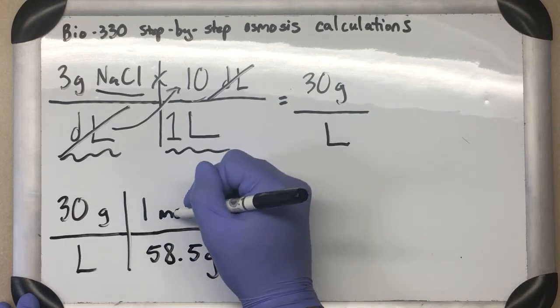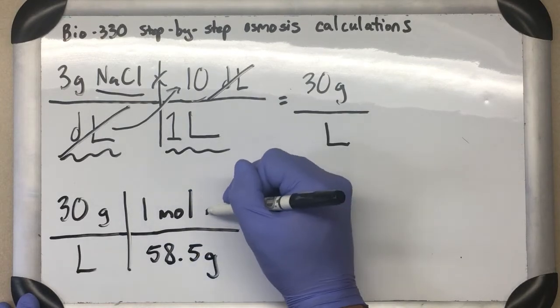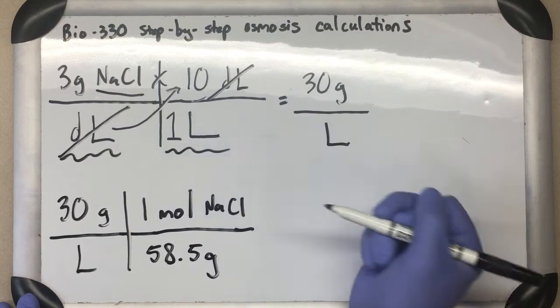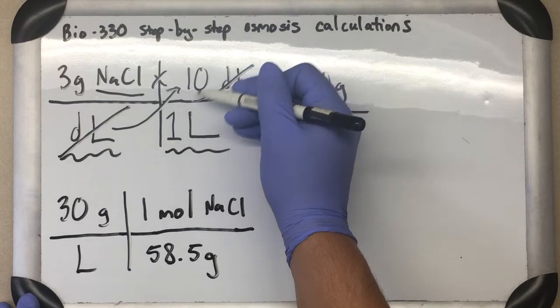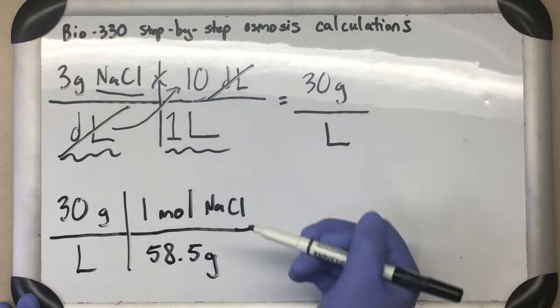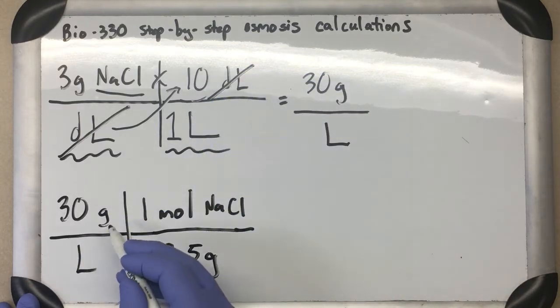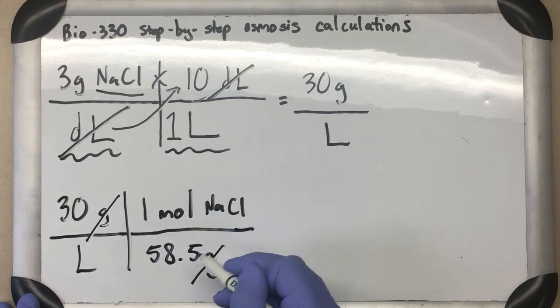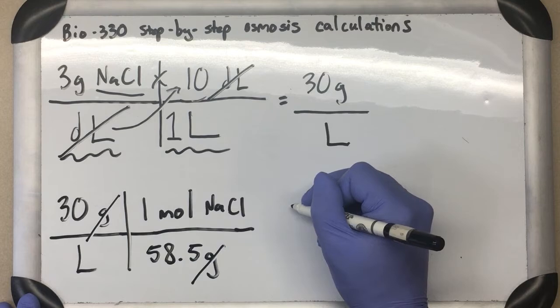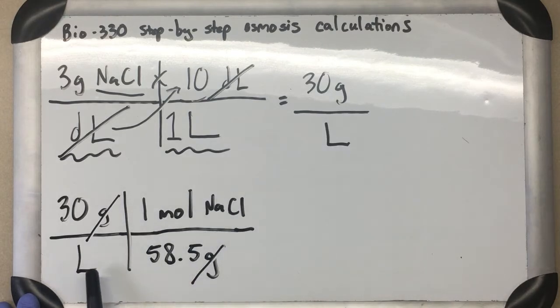So 1 mole of sodium chloride, salt, remember, is equal to this right here. Just like this conversion, 10 deciliters is equal to 1 liter, we can convert the math just using this cross method. So now instead of grams, we now have 1 mole of sodium chloride over liters.